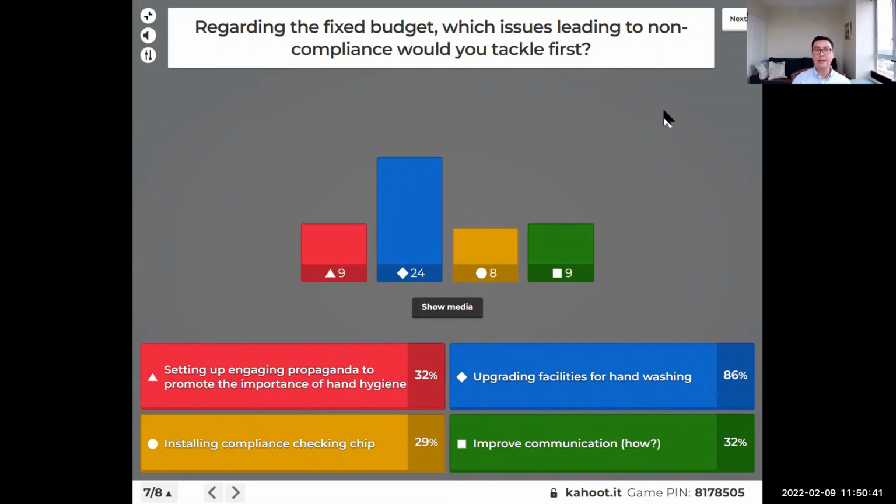If it's easier for people to wash their hands, then naturally you get more hand washing occurring, period. And that's a really easy thing. Infrastructure is, in my mind, an easy approach to solve a problem like this, at least as the first stage. I know this is a multifaceted problem, but number one, get the infrastructure where it needs to be to make it as easy as possible for people to comply.